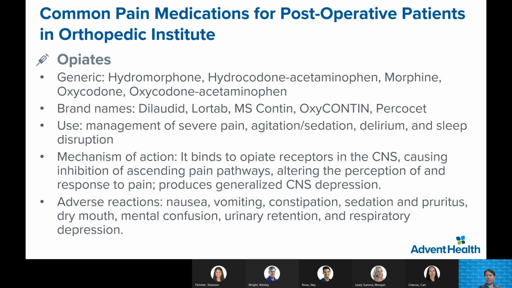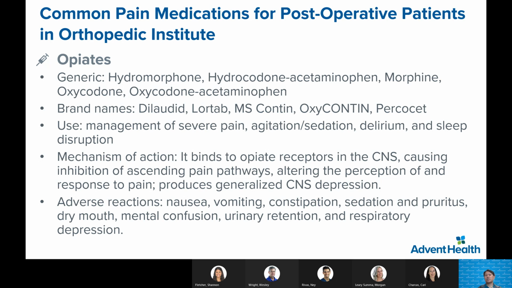For the mechanism of action, these drugs bind to opioid receptors in the CNS. So from the central nervous system, it causes inhibition of the ascending pain pathways. It also alters the perception and response to pain and produces generalized CNS depression.